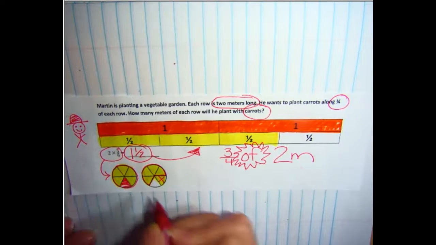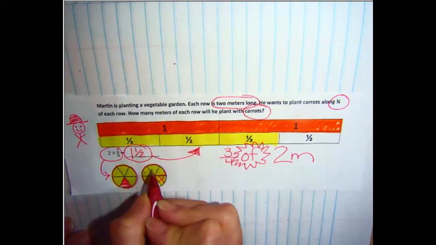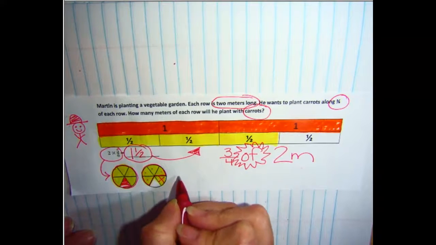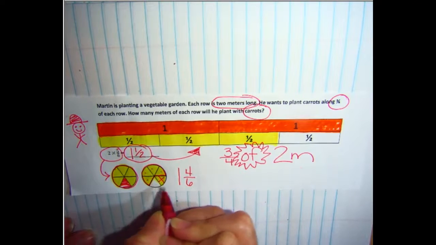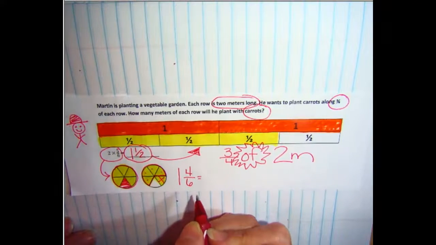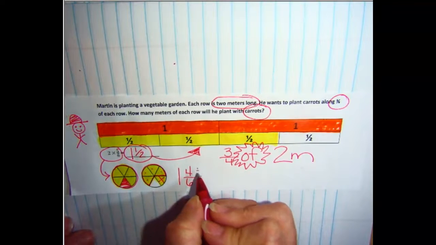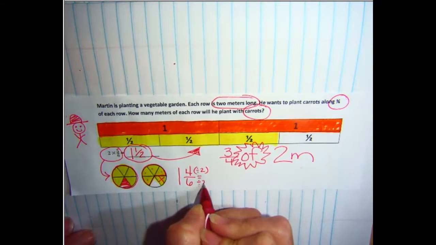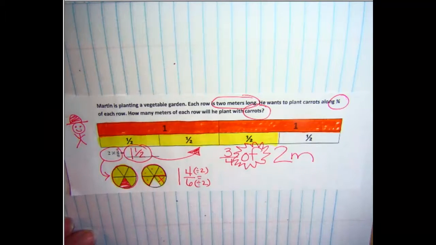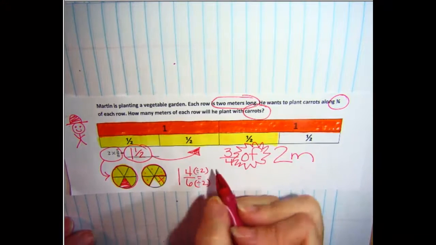I have 1 whole here, and I have 1 2 3 4. I have 1 4/6, but I'm going to simplify 4/6 by dividing it by 2. So after I divide by 2 and divide by 2, you get 1 2/3.